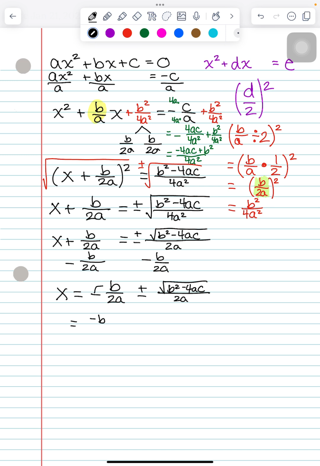Or in this case, for the second one, it's the full plus or minus that goes up top, so it's negative b plus or minus the square root of b squared minus 4ac all over 2a, which is the quadratic formula.